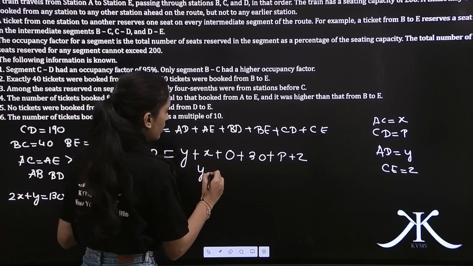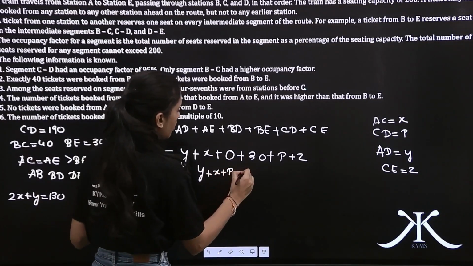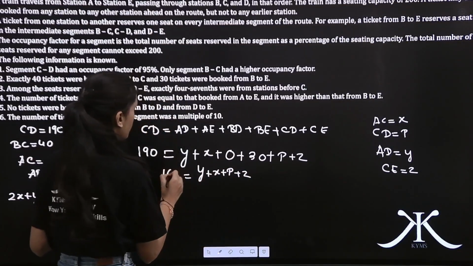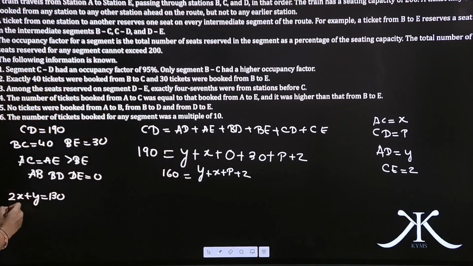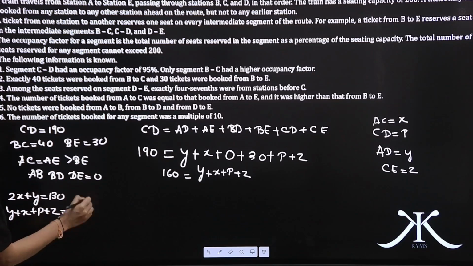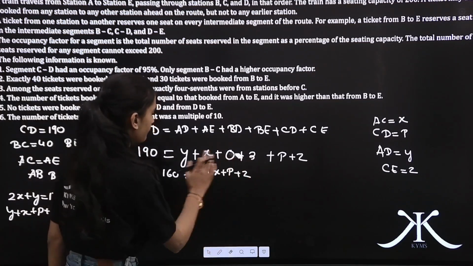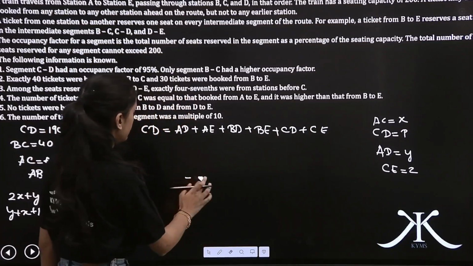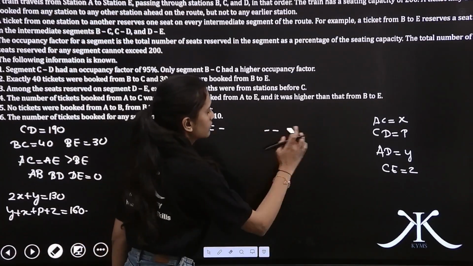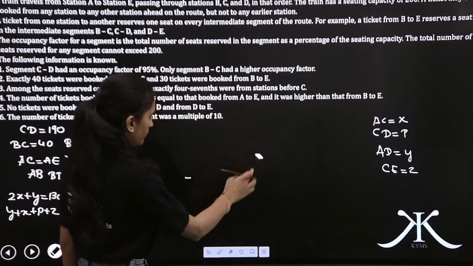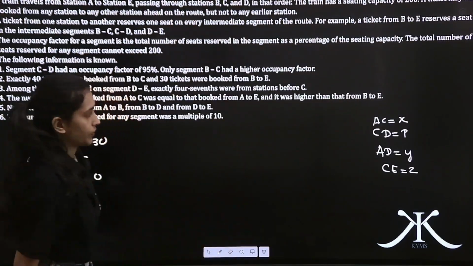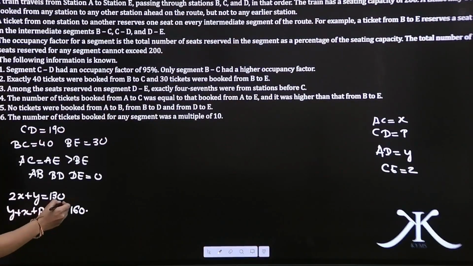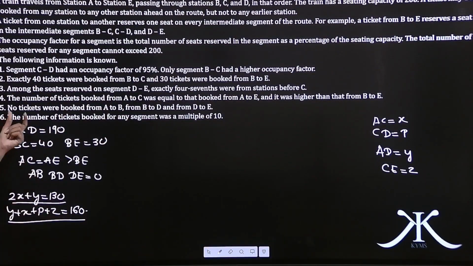Now Y plus X plus P plus Z would be equal to 160. So we got our next equation, Y plus X plus P plus Z is equal to 160. Now we got two of our equations. Now let's move to this part.